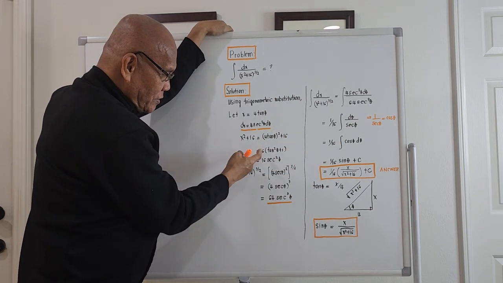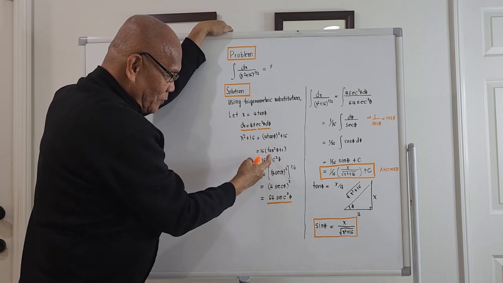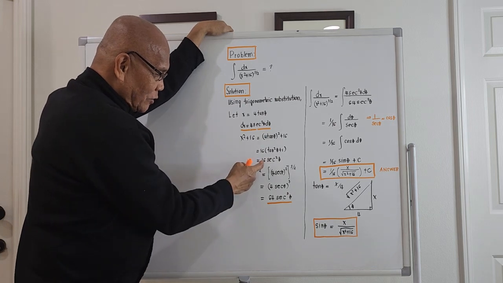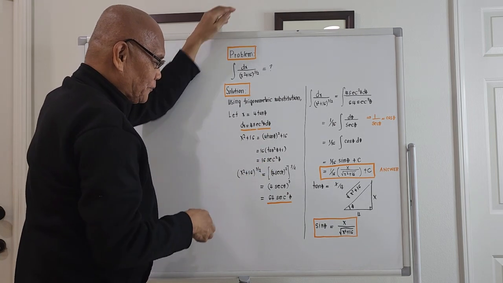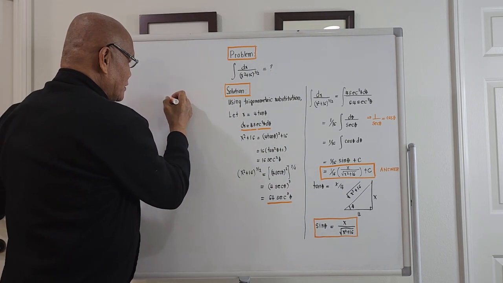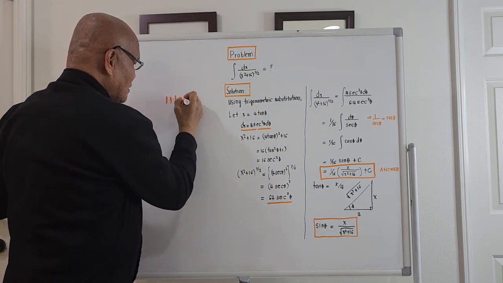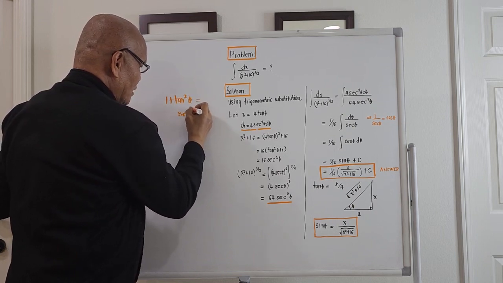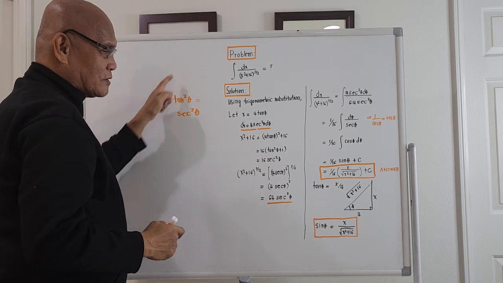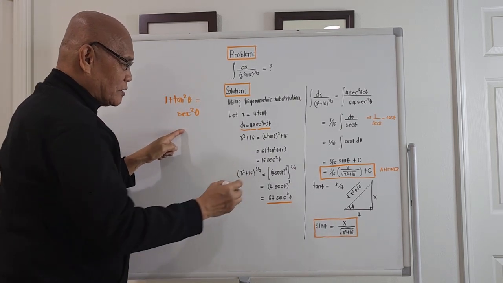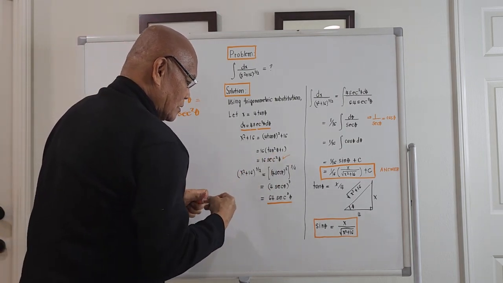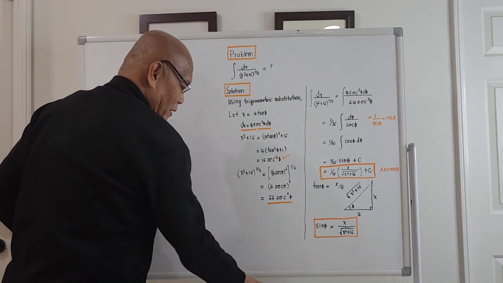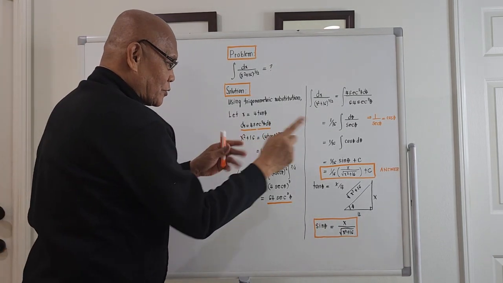We factor out 16, so what remains inside will be the quantity tangent square of theta plus 1, and this should be equal to 16 times secant square of theta. There is an identity that 1 plus tangent square of theta is equal to secant square of theta. So we now know the equivalent of x squared plus 16 in terms of theta.